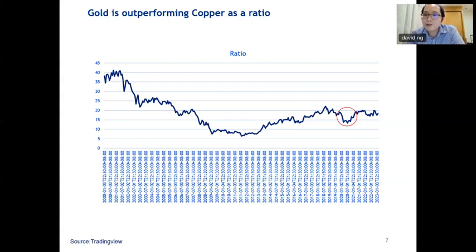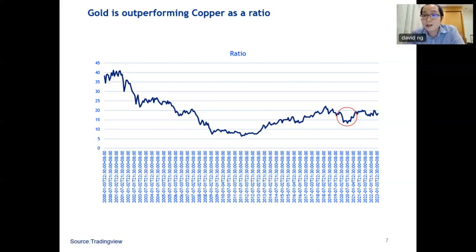So when economies do well, demand for copper goes up, and naturally prices go up. When copper prices are good and assuming gold prices are stable, the ratio tends to be high. But when the ratio declines, it shows that copper prices actually declined faster than gold prices.